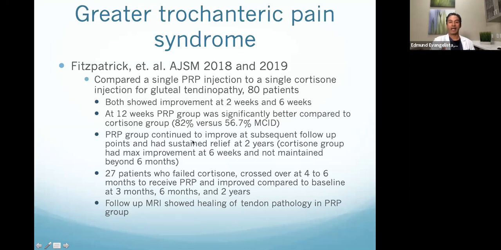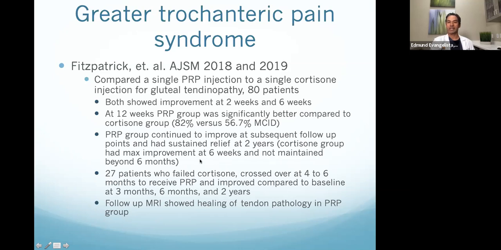And then as they continued to follow these patients, the PRP group continued to improve at the subsequent follow-up visits and had sustained relief at 2 years, whereas the cortisone group had maximal improvement at 6 weeks and did not maintain their improvement beyond 6 months.